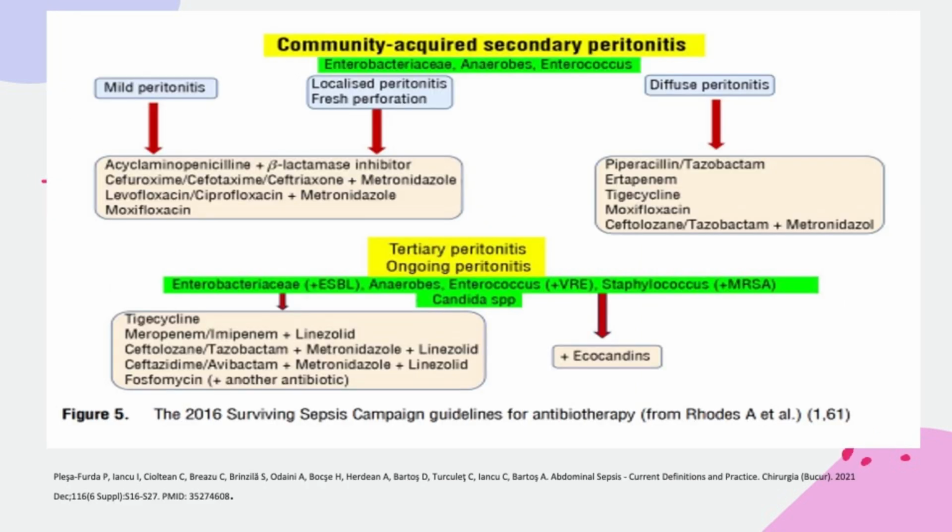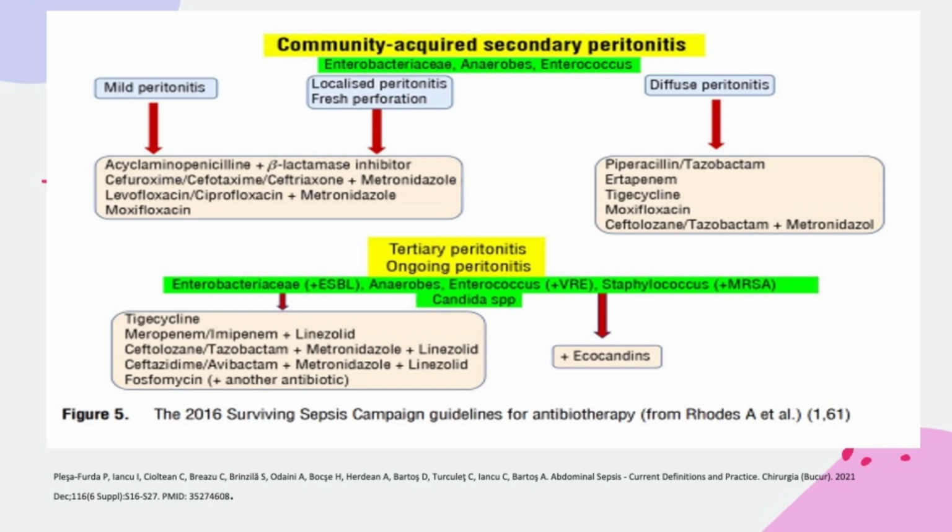peritonitis effectively. Overview of the antibiotic guidelines for community-acquired secondary peritonitis. As per the 2016 Surviving Sepsis Campaign, mild peritonitis and localized infections are treated with broad-spectrum antibiotics such as amoxicillin/clavulanic acid, cephalosporins with metronidazole, fluoroquinolones, ciprofloxacin, levofloxacin, combined with metronidazole. Diffuse peritonitis requires more robust therapy, including piperacillin/tazobactam, carbapenems like ertapenem, tigecycline, cephalosporin combinations with metronidazole.